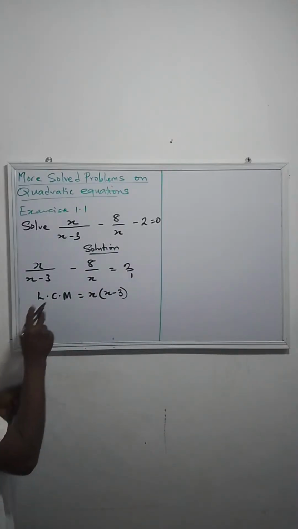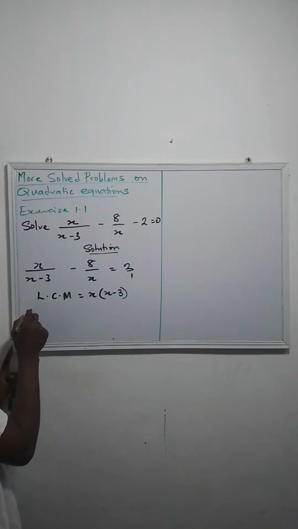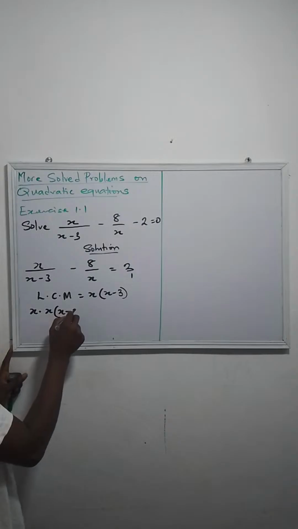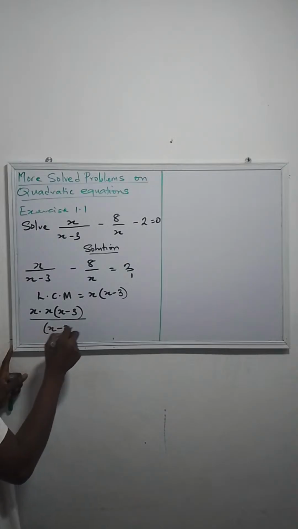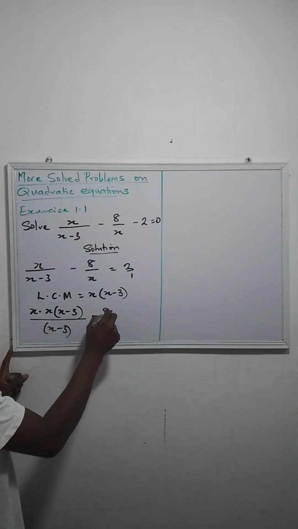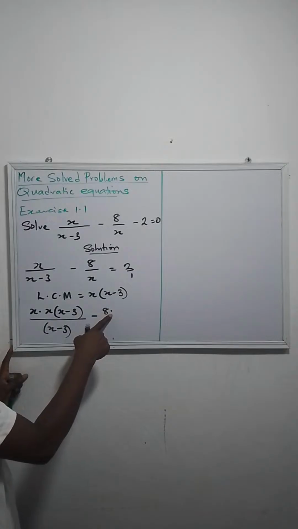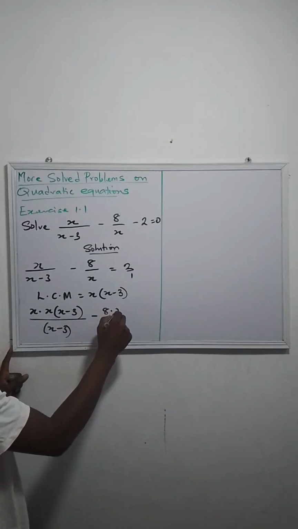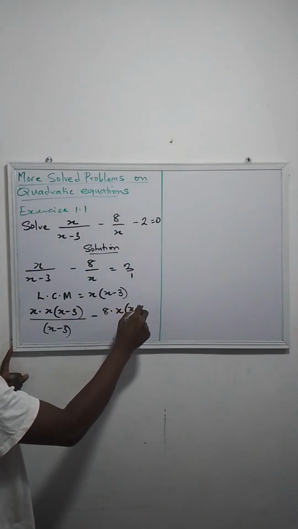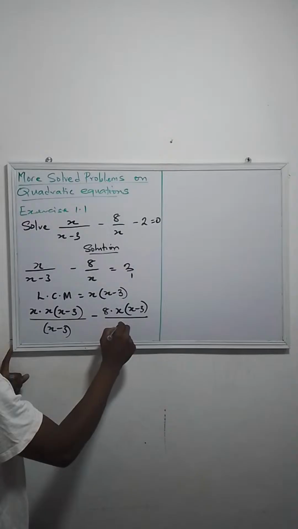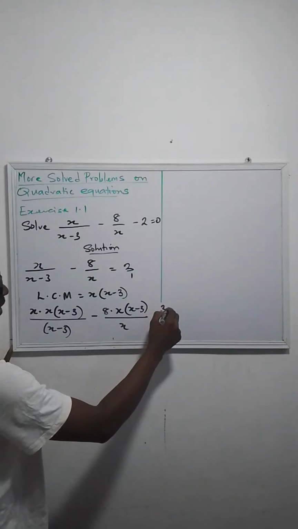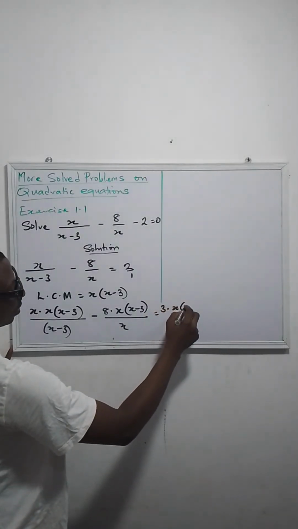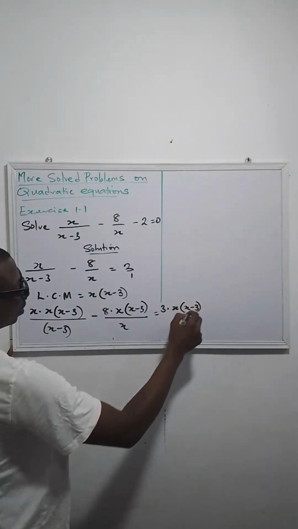So we have, when you use this to multiply this, you'll be having x times x minus 3, everything all over x minus 3, minus 8 times, this dot means times, x minus 3 over x, and the last one we have here, we have equals 2 times x minus 3.